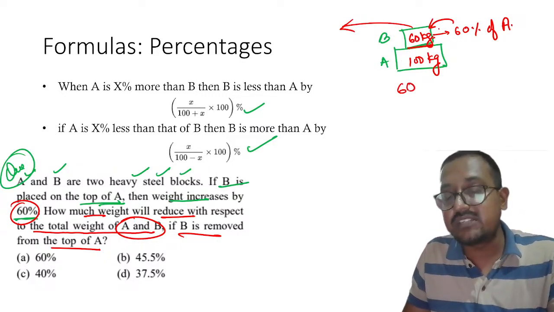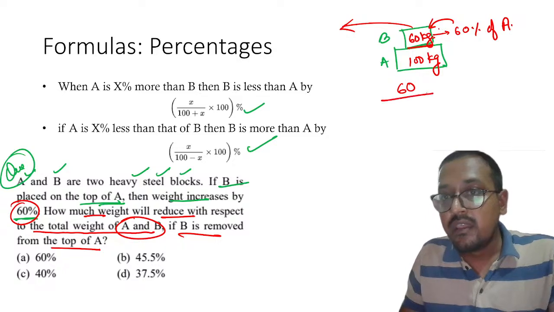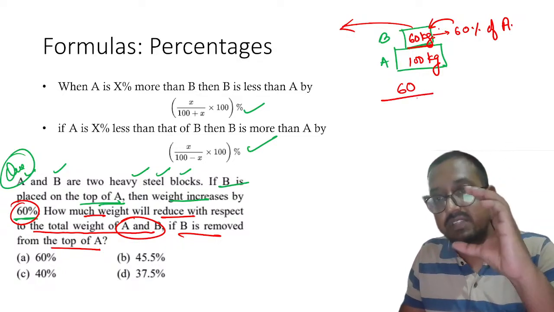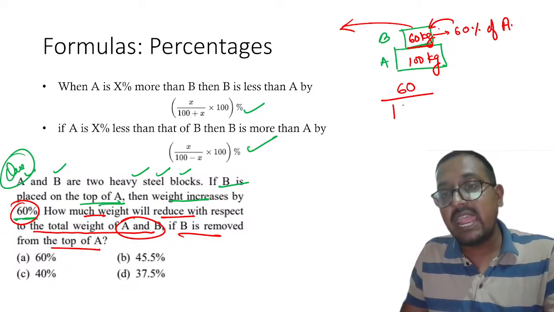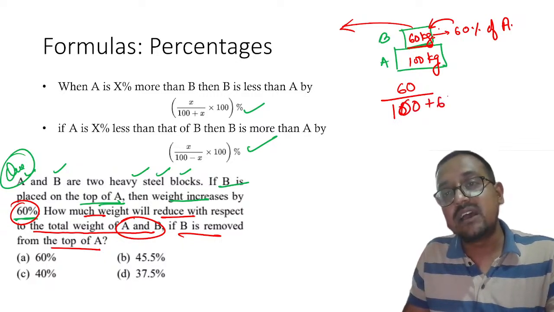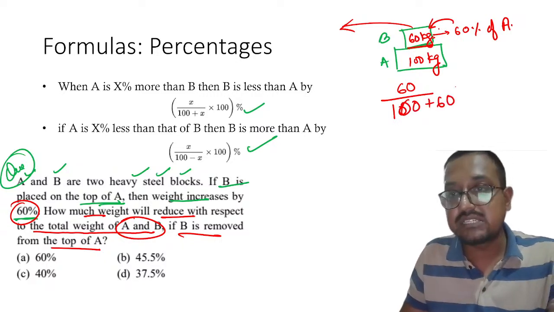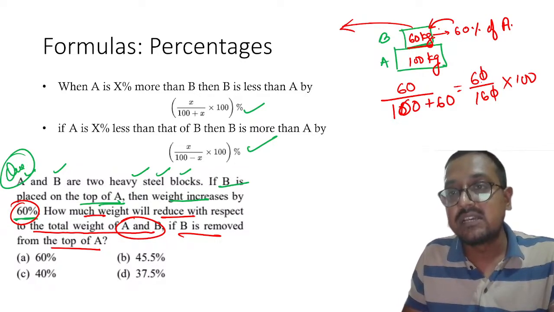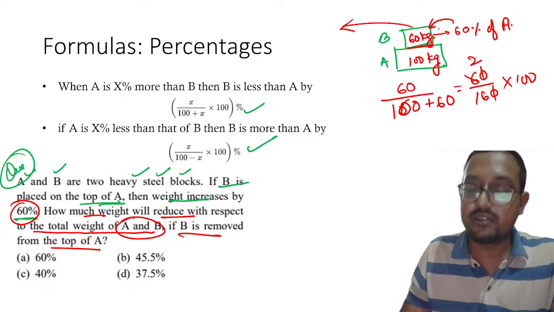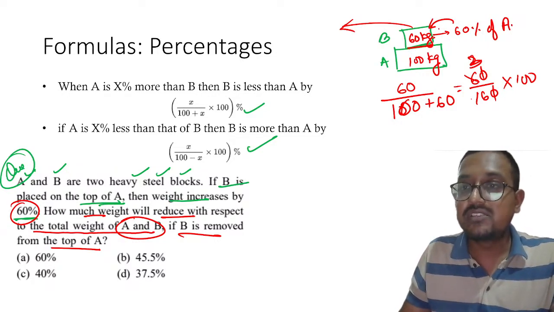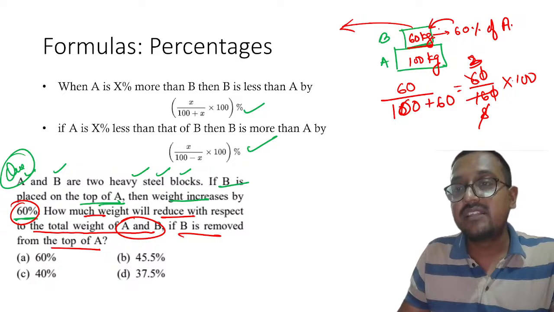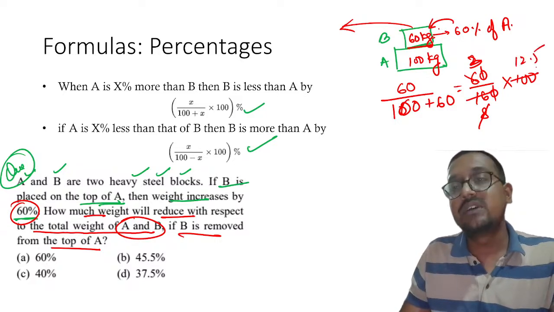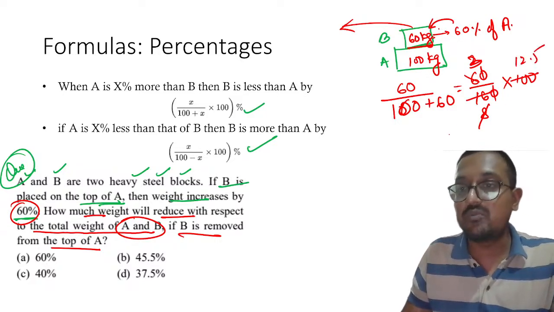So my dear students, 60 kg will be reduced, with respect to total weight of A and B. So that is 100 plus 60, that is 160, into 100. Students, I hope you all can solve this. This will go out like 3, and this will be like 8, and this will be like 12.5. Understood? So 12.5 into 3, how much will it be?